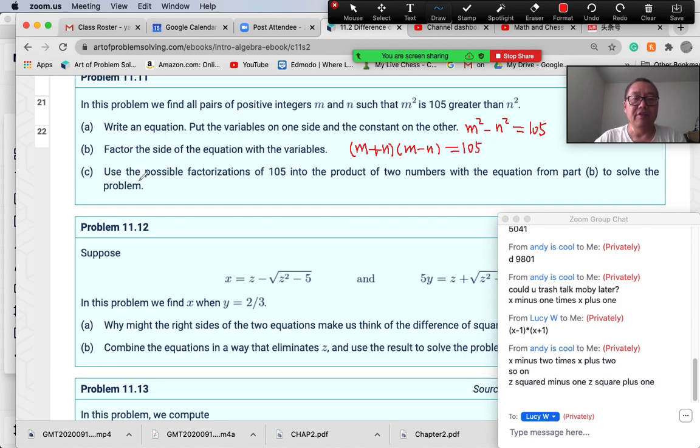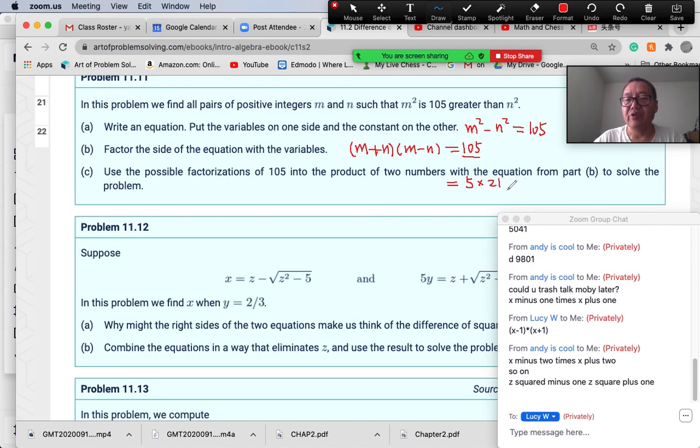Now use possible factorizations of 105 into the product of two numbers, with the equation from part B, to solve the problem. You can write 105 as 5 times 21. This is one choice.